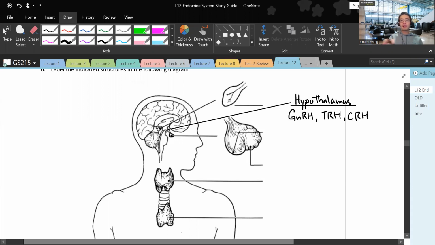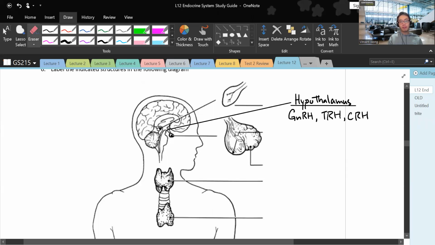This diagram is definitely something that you want to tape to your wall when you do the final test, because it's the ultimate reference for where hormones come from and how they interact. If it ends in RH, it's a releasing hormone, and it's from the hypothalamus.